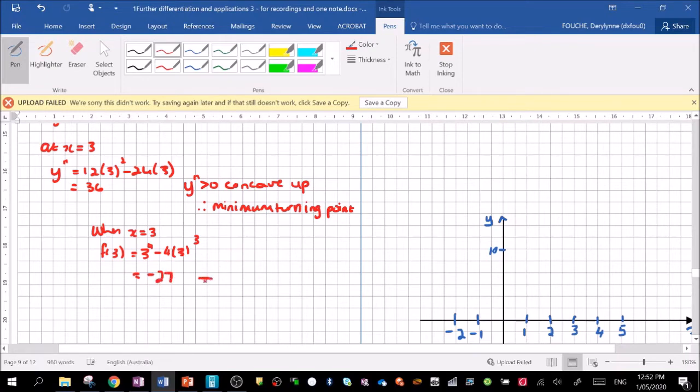So I therefore have a concave up or minimum turning point at (3, negative 27).